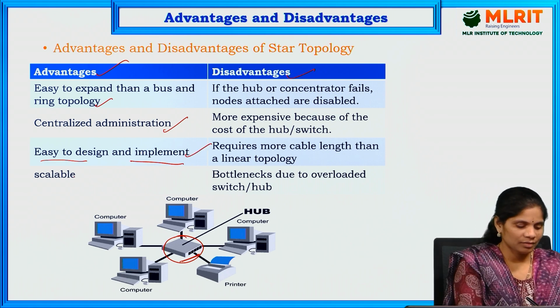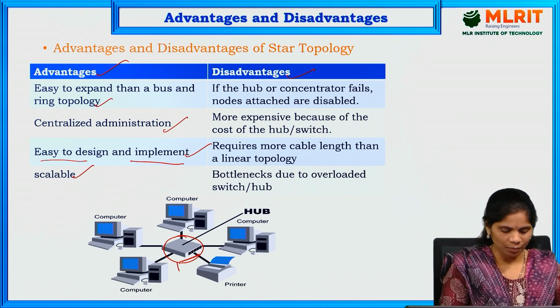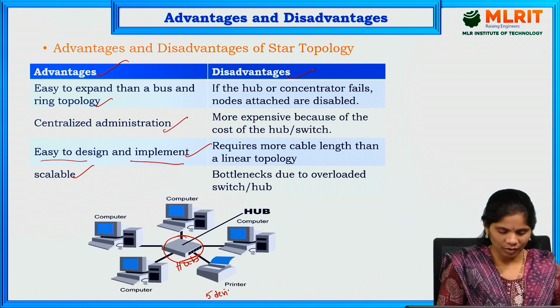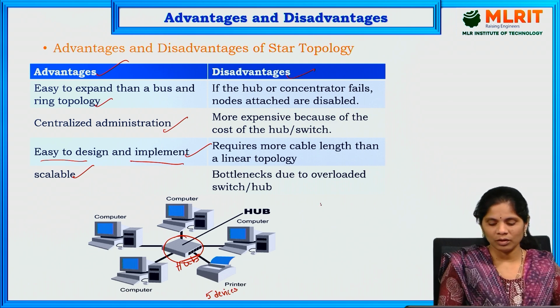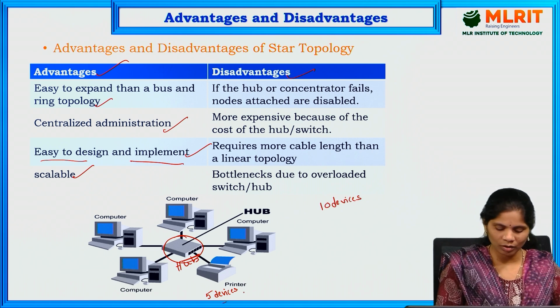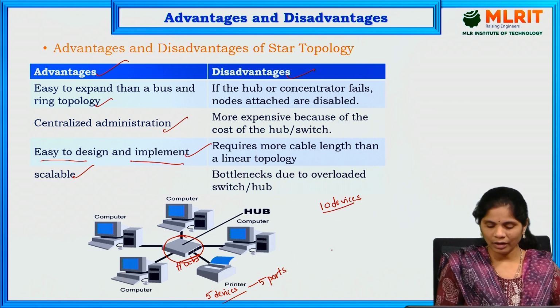And next one is scalable. Scalable means, suppose this is the hub, right? This hub is connected to 5 devices. Suppose I want to add 10 more devices to this network, there is no chance. It has only 5 ports. If I want to add these 10 devices, it will take one more switch.